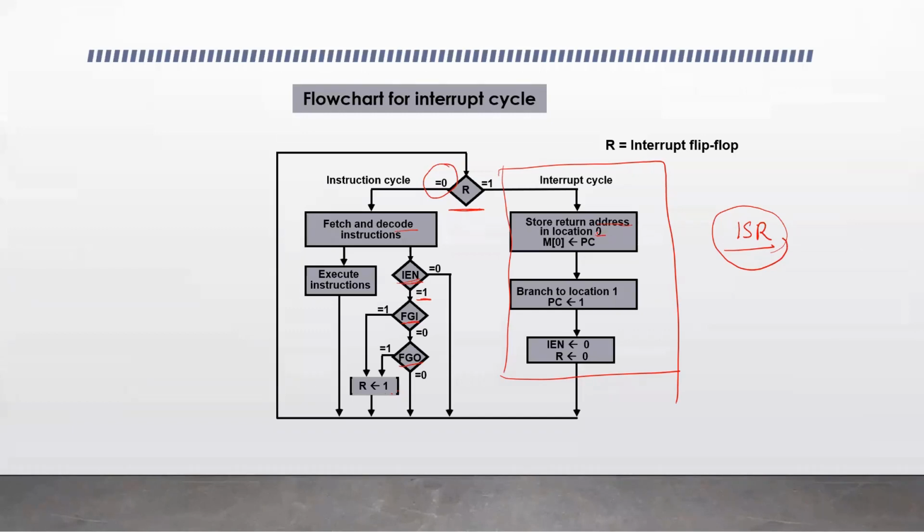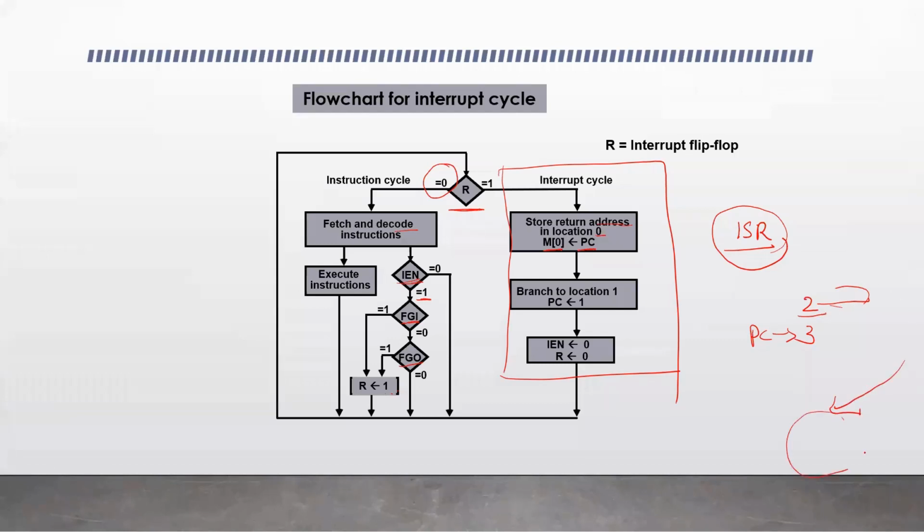The first step is to store the return address in location 0, M[0], the 0th location in memory. PC holds the next instruction. Suppose the second instruction is being executed now, PC will be 3 here. During the second instruction, the interrupt occurred at 2, so the control has to be taken to the interrupt cycle.